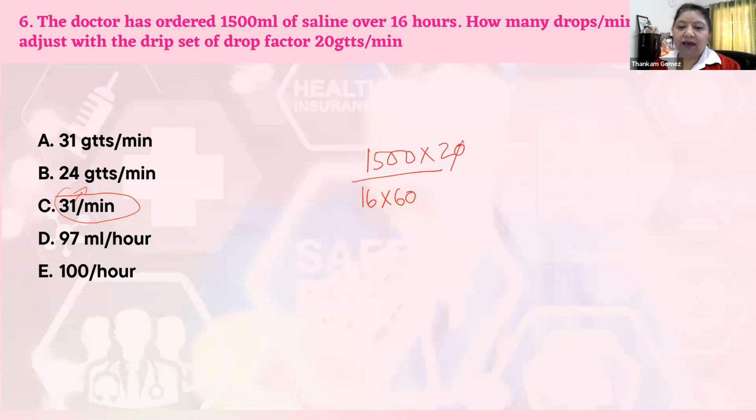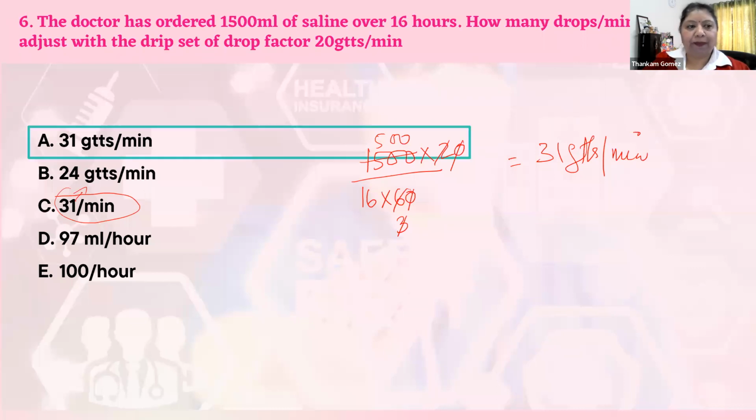If I go this way, I come here, about 31 point something will come. So 31 drops per minute. I took a minute to explain that for everyone to do a very quick review of it. 31 drops per minute.